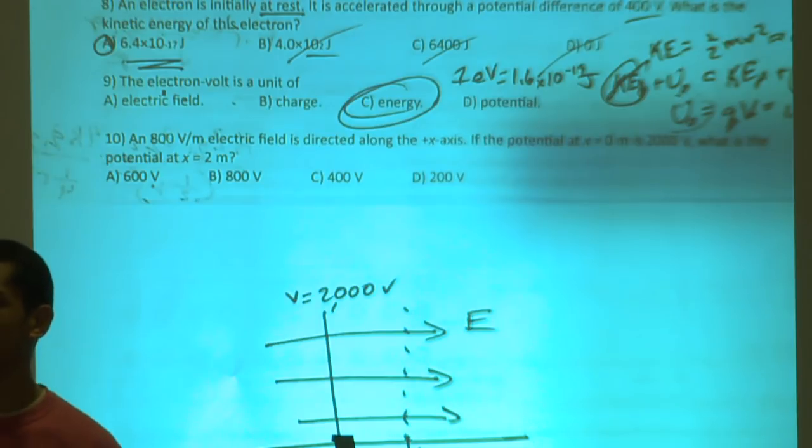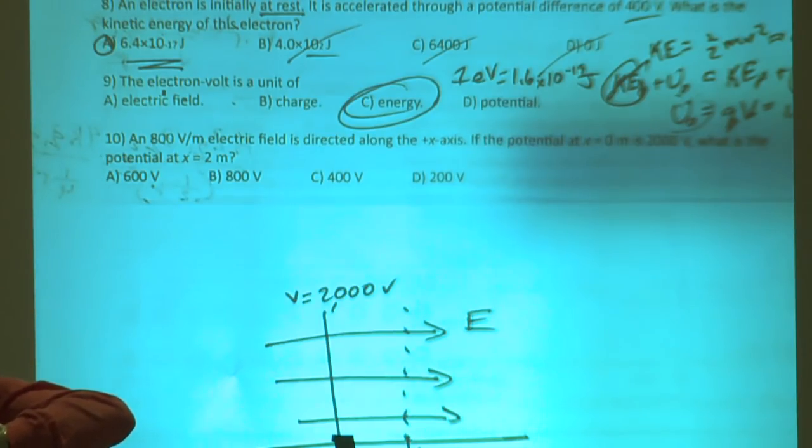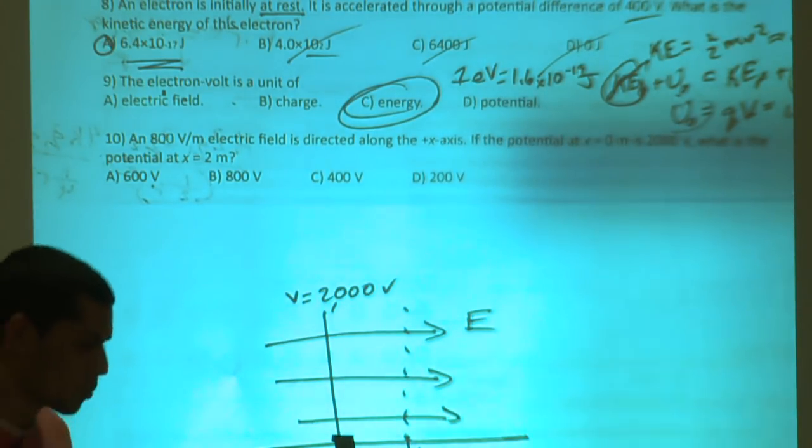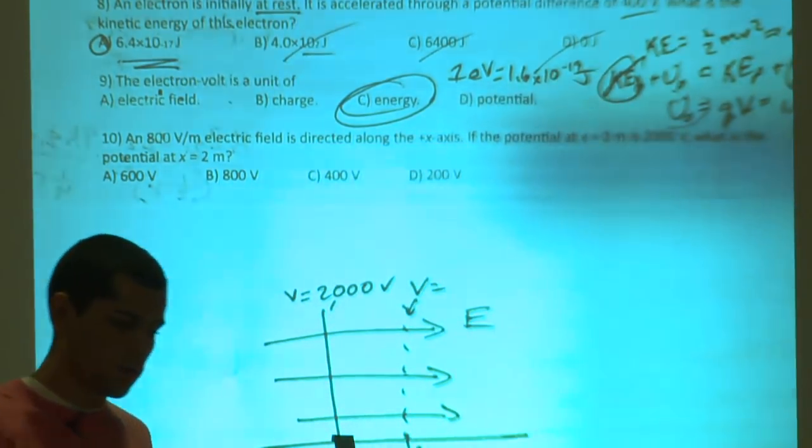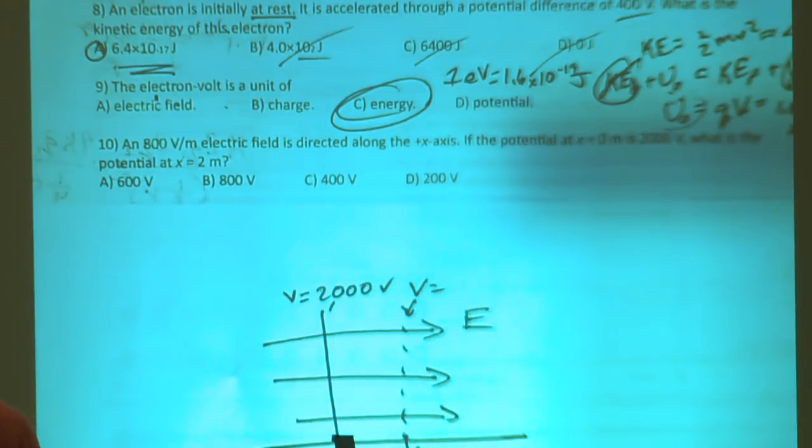Does potential increase or decrease as we go along the electric field? Decreases? Awesome. So our potential at this position will be some number smaller than 2,000 volts.